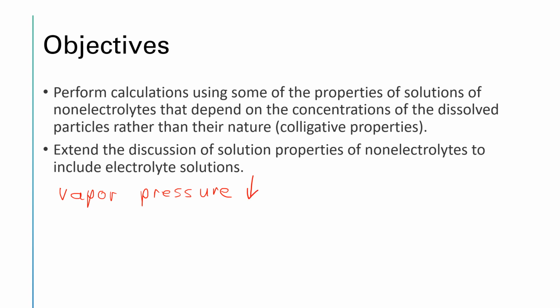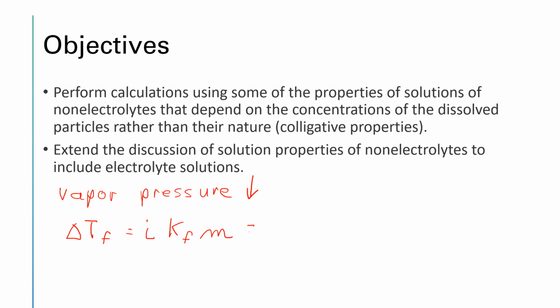And we looked in general at freezing point depression. We'll see that there's an almost identical process for boiling point elevation in the next video, but for freezing point depression, we have that delta T sub F is given by the Van't Hoff I factor times the freezing point depression constant times the molality of the solution.